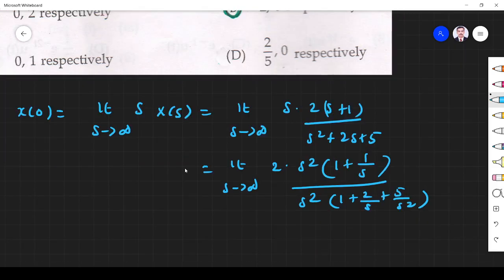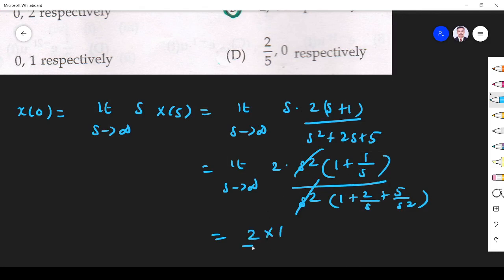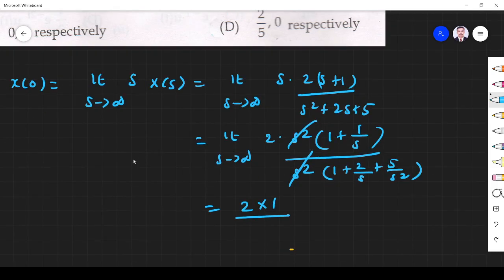Now if you simplify, what will happen? You see s square cancels. When you substitute s infinity, 1 by infinity is 0, so 2 into 1. Here when you substitute s infinity, 2 by infinity is 0, 5 by infinity is 0, so it is 1. So the option is 2. So f of 0, the initial value, is 2.